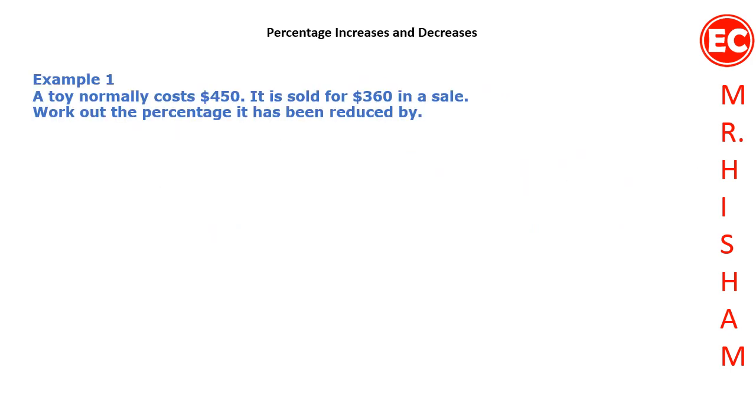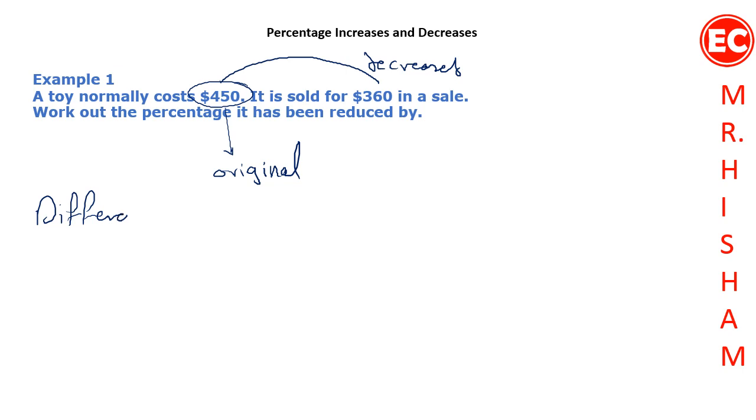Example 1. A toy normally costs $450. It sold for $360. Notice that the value here decreased because the original value is 450. So I should find the difference first. 450 minus 360, which is equal to $90.